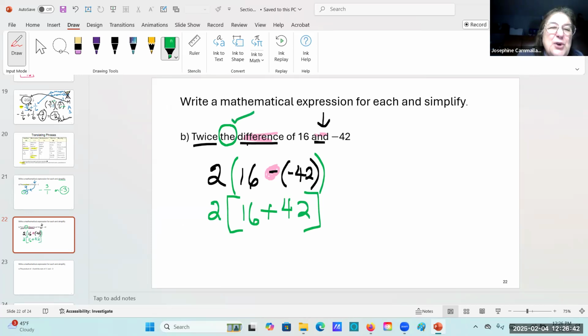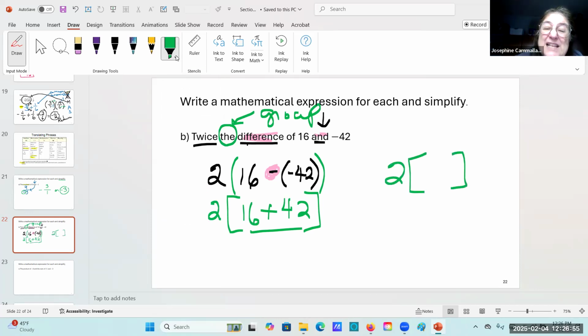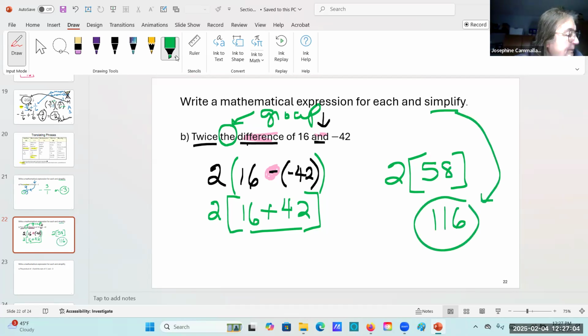But this means group. So I'm going to do these two first. 2. 16 plus 42 is 58. When I multiply, I'll get 116.